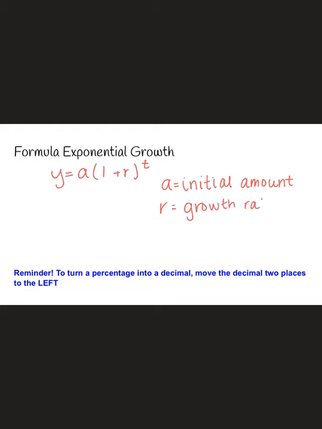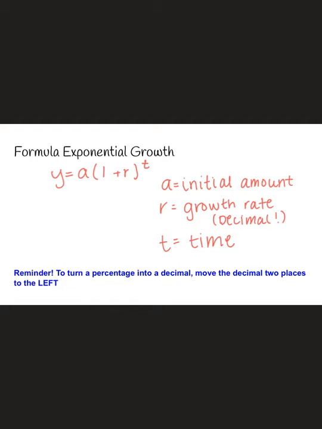This is as a decimal. And T is the amount of time. So you need to have all of this information, take a picture of it, write it down, whatever you need to do, but you do need to know this.